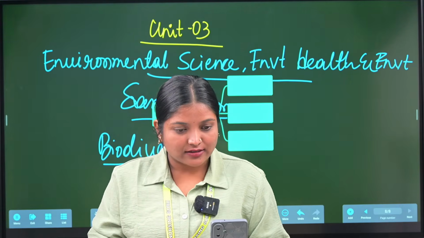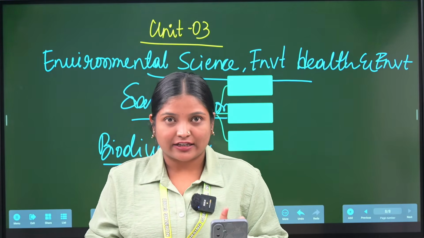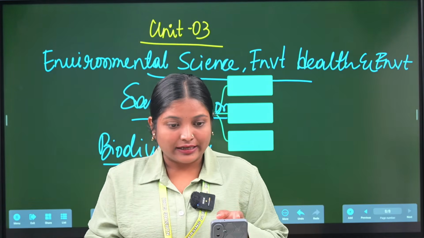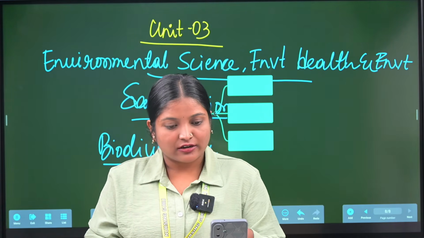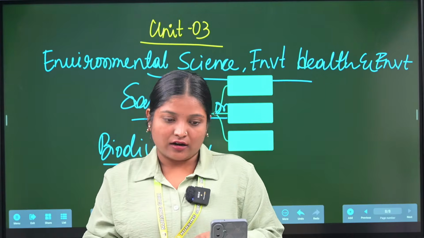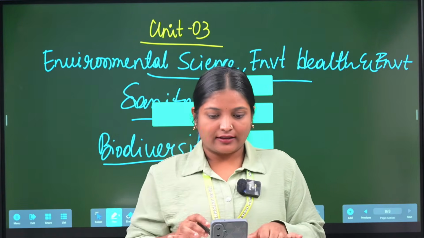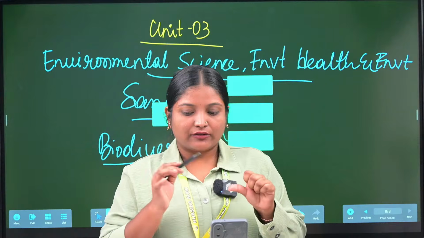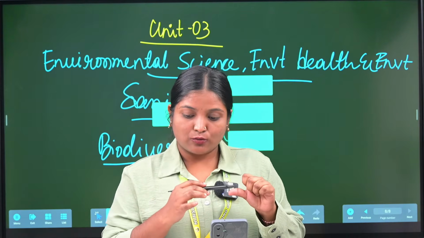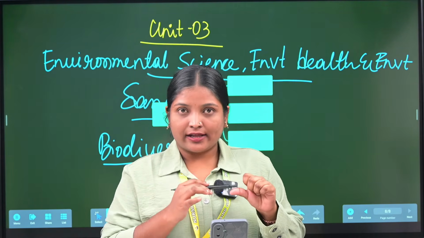Now I am discussing the third unit, sanitation, environmental science. The important topics related to sanitation I am explaining. In this particular topic you are going to focus more on environmental health and sanitation.